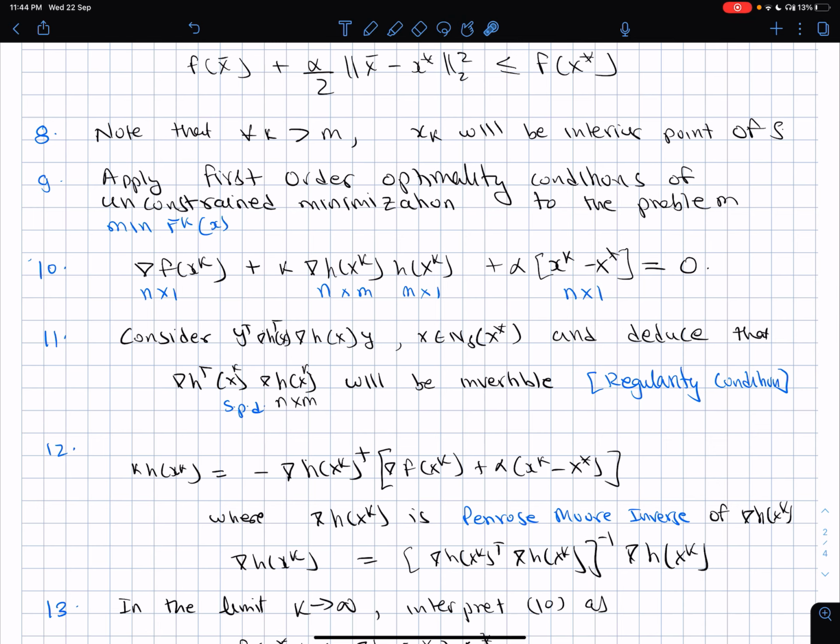If this matrix is positive definite at x star, then it will remain positive definite in a small enough vicinity, because y transpose Qy is actually just a function in x, and if it is greater than 0 at x star and it is a twice continuously differentiable function, then there is continuity in this function.